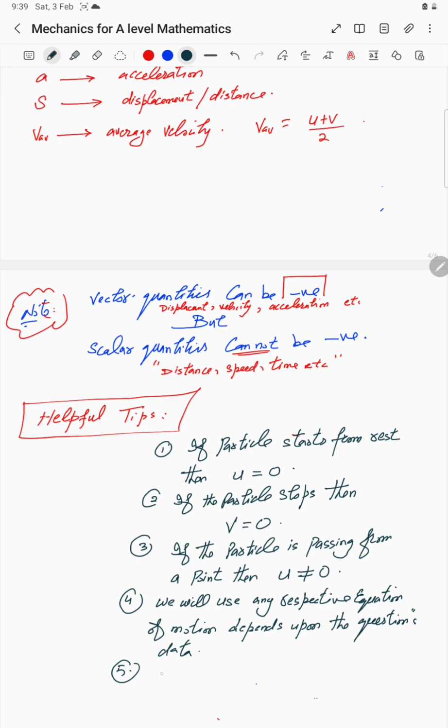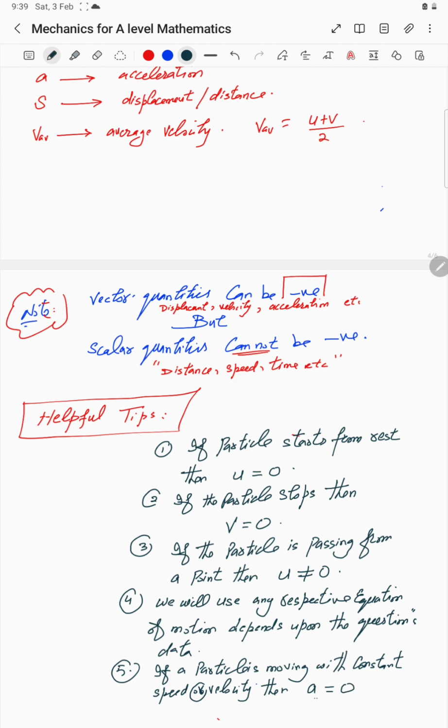One more point, number five, the last but not the least. If a particle is moving with a constant speed or velocity, then acceleration will always be 0.